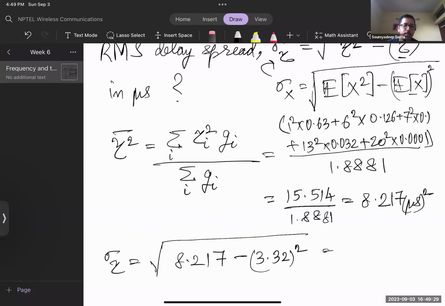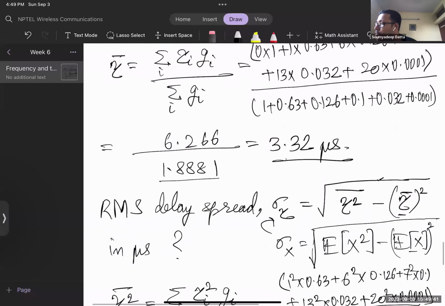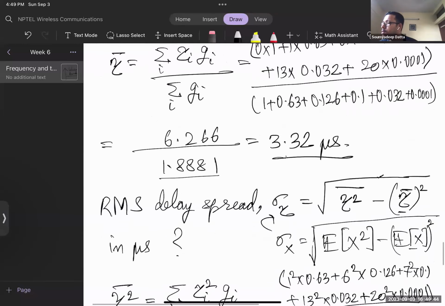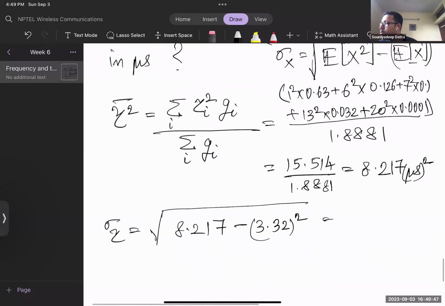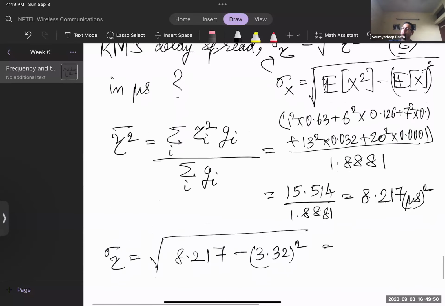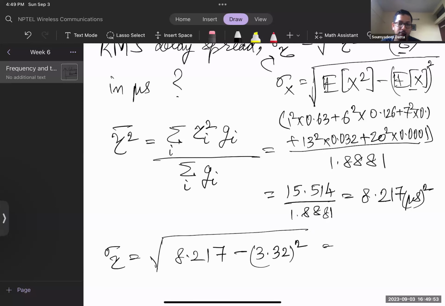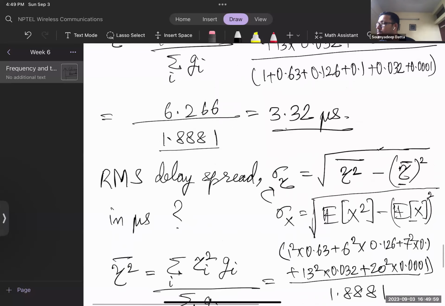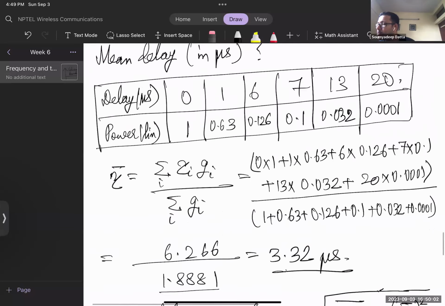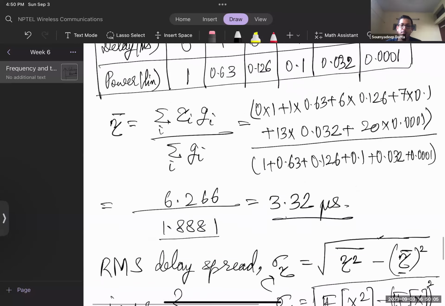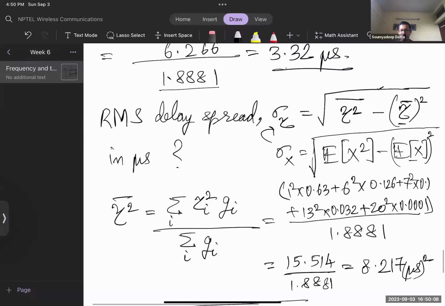I think I have made some mistake because this will give a negative value, right? Yeah, can somebody check this? Okay, I might have taken the wrong set of values, or I might have made a calculation error. Let me calculate the numerator again.